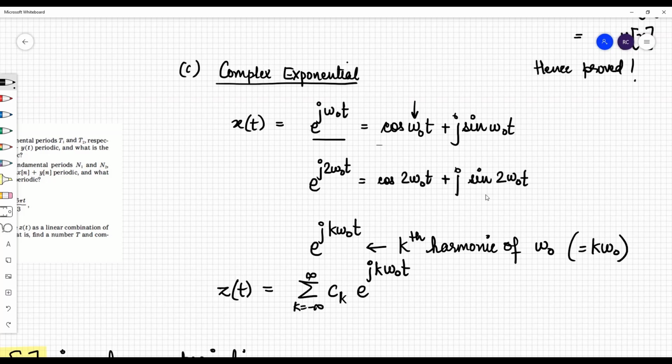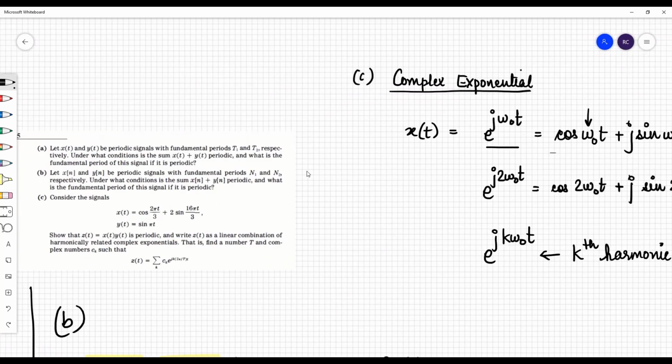So this is like saying c1 e to the power j omega naught t plus c2 e to the power j 2 omega naught t plus some c3, some other linear weight, times e to the power j 3 omega naught t, and so on. So this is what the question requires us to do. Okay, and when you study Fourier series, you will understand what this means. But for now, I'm going to erase this and just follow what is asked in the question, right?